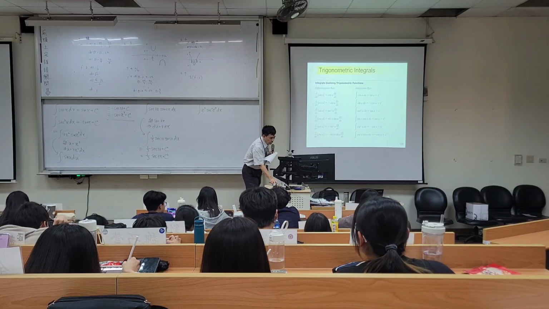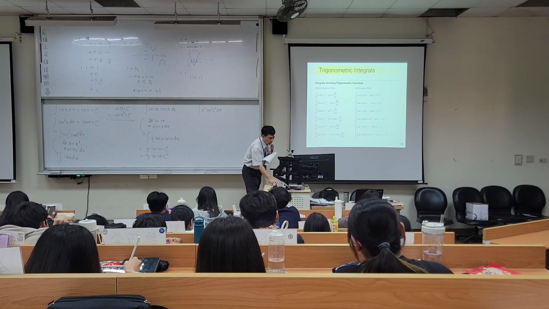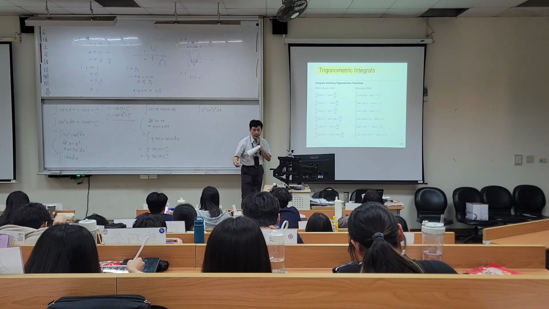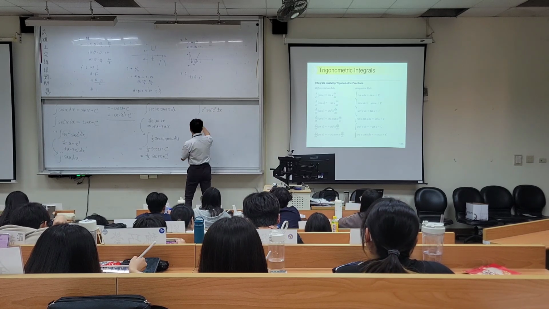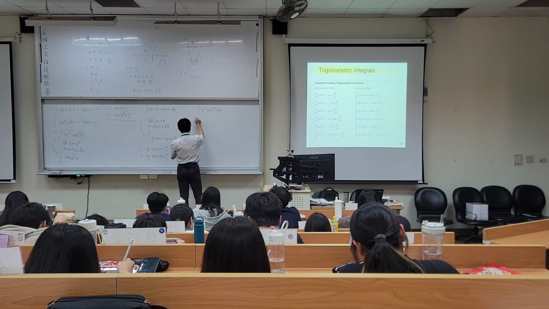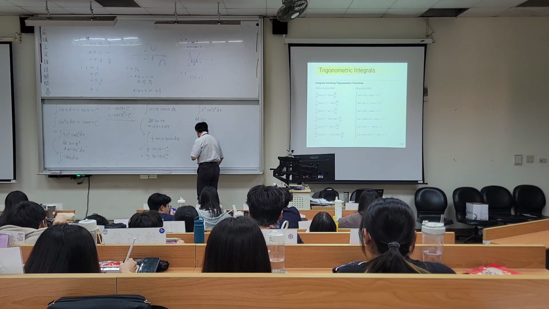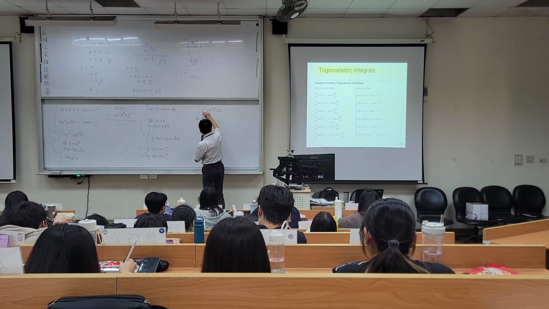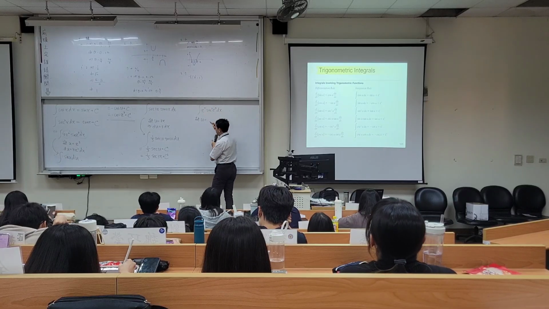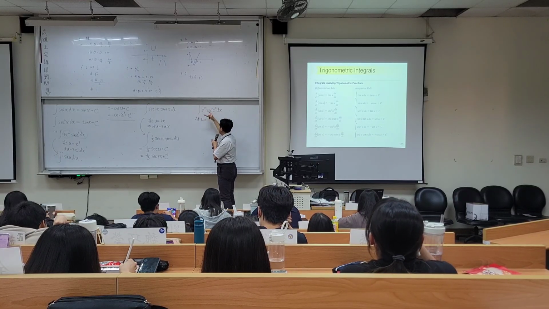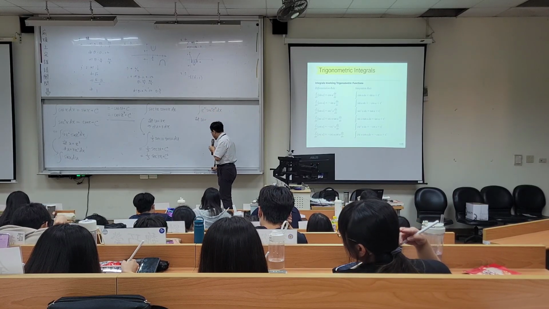Okay, so the integral of secant square will be tangent. So this gives us a hint. The derivative of e to the x is equal to e to the x.